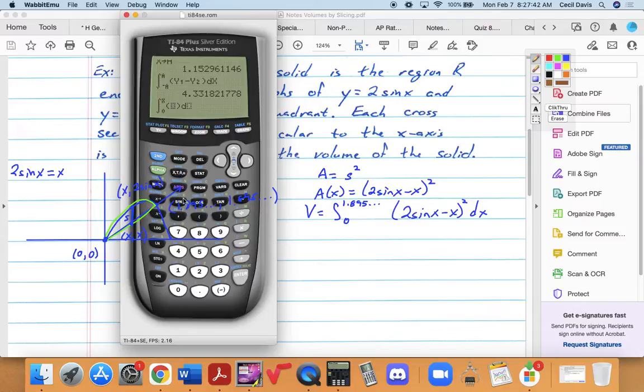And this is going to be parentheses y1 minus y2 squared with respect to x.